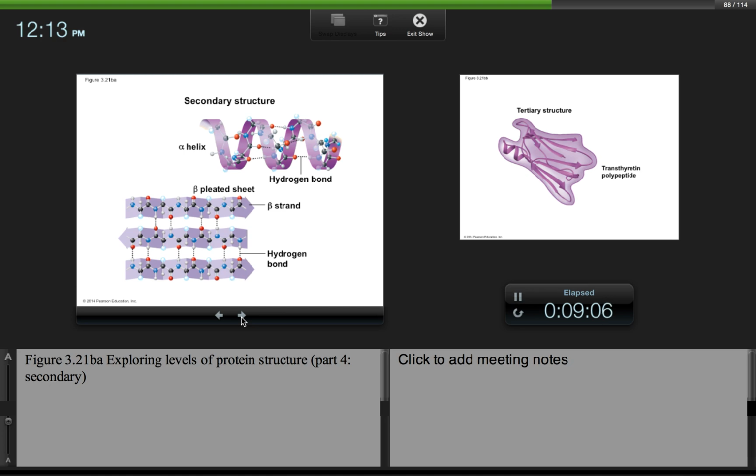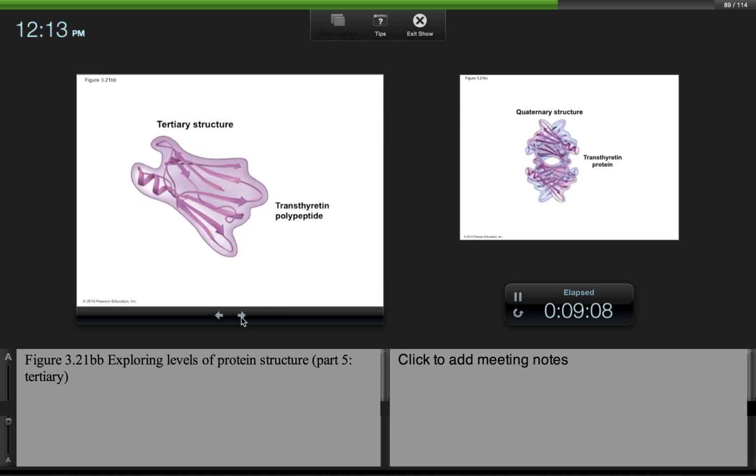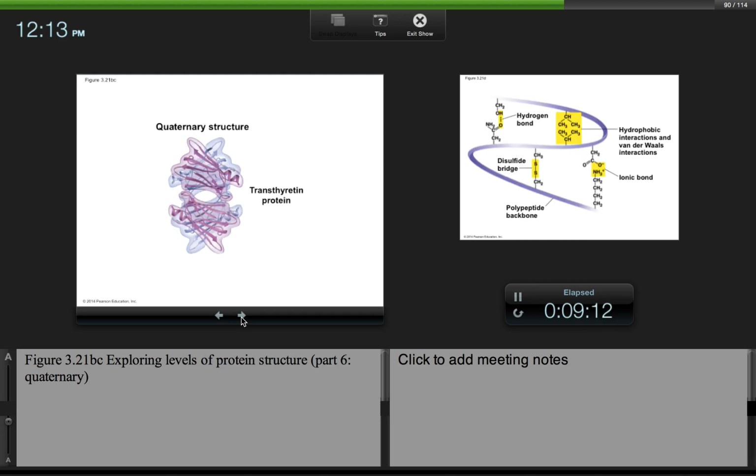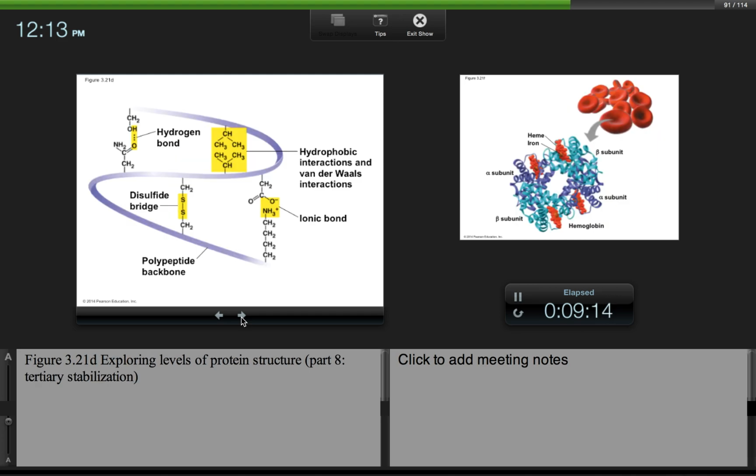Here's your secondary structure again. And then your tertiary structure and your quaternary structure. These are the bonds that hold those together. Notice that these bonds occur between the side chains of your amino acids. So here we have a hydrogen bond. Here we have hydrophobic interactions and van der Waals interactions because all of these are non-polar bonds.